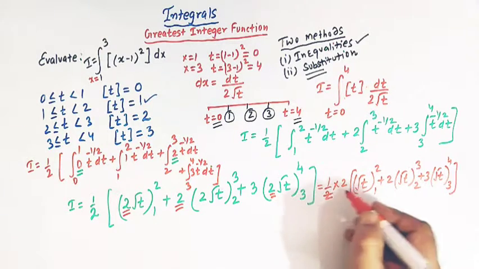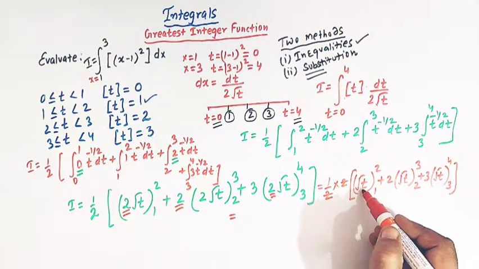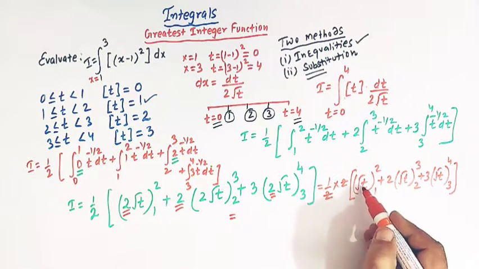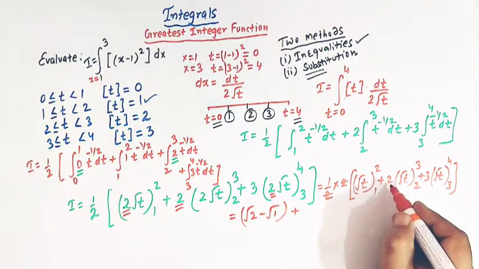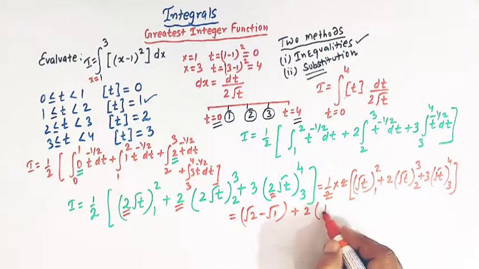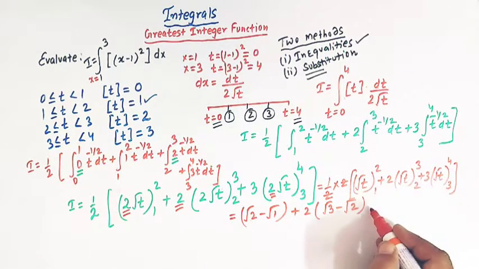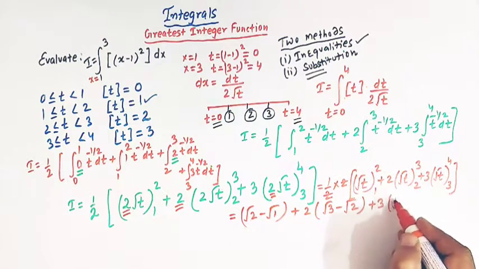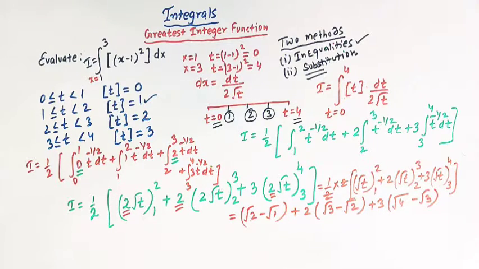Now this 2 and this 2 get cancelled, and we can substitute the limits and take the difference. So in the first expression we have root 2 minus root 1. Then we have 2 times square root of 3 minus square root of 2. Then we have 3 times square root of 4 minus square root of 3.